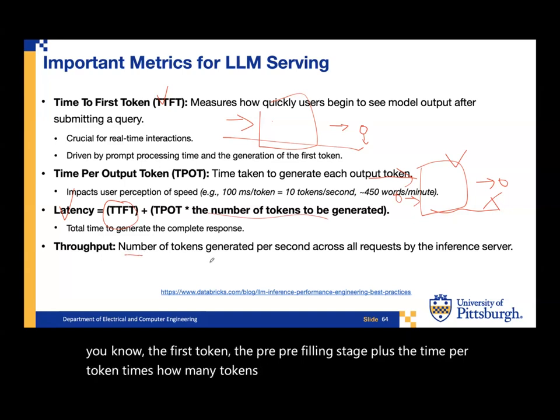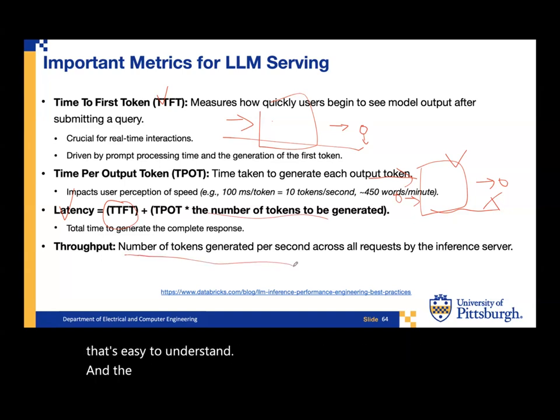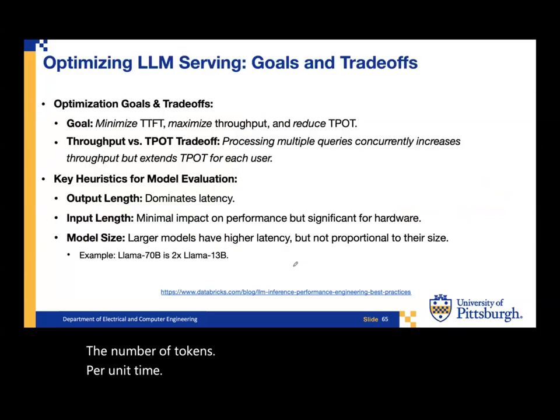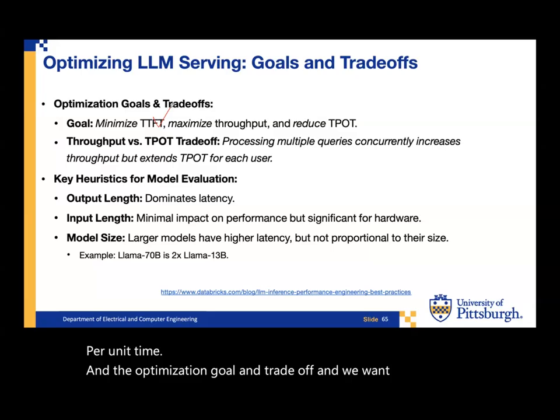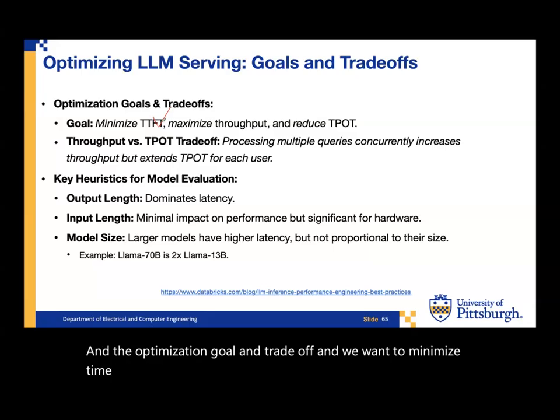And the throughput essentially is the number of tokens per unit time. And then the optimization goal and trade-off. Sometimes, for example, when interaction is very important, you want to minimize the time to first token, right?